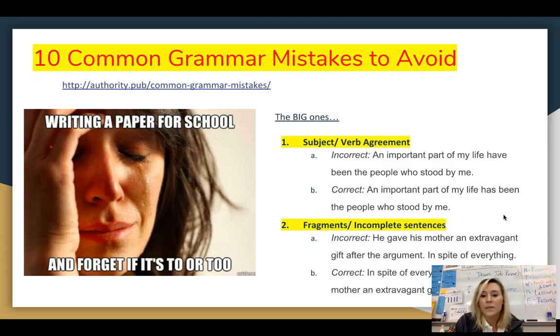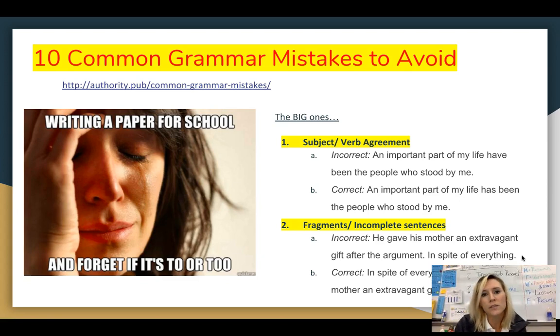Sometimes you may hear things like, he gave his mother an extravagant gift after the argument. In spite of everything. While when you're talking, it doesn't sound like anything's wrong with that. When you look at the way it's written, you can't have that period there. In spite of everything isn't a sentence by itself. Do you hear it? In spite of everything, in spite of what?